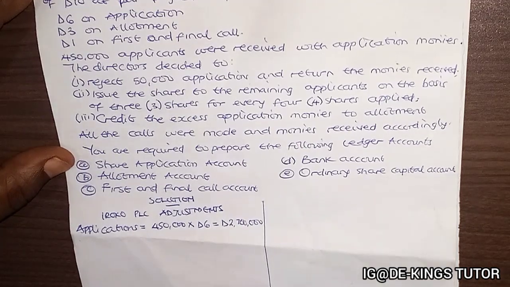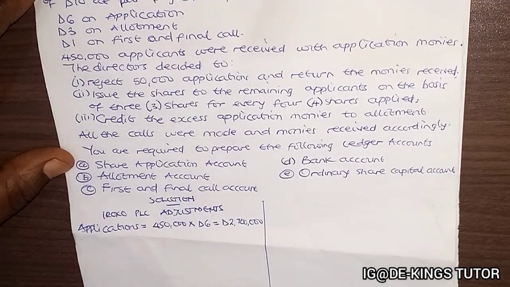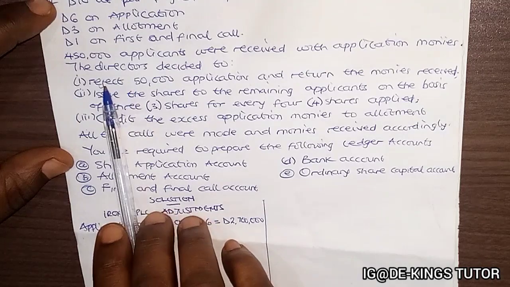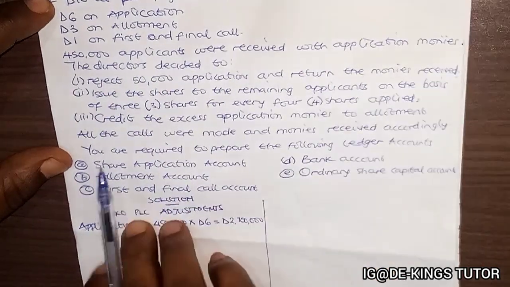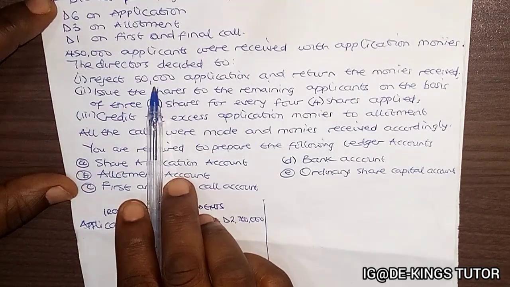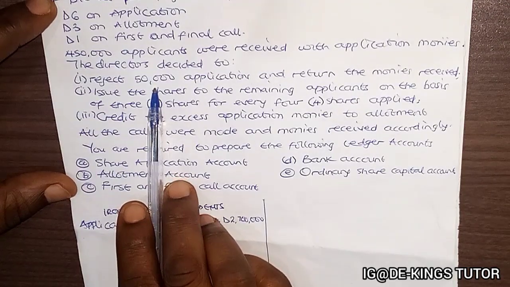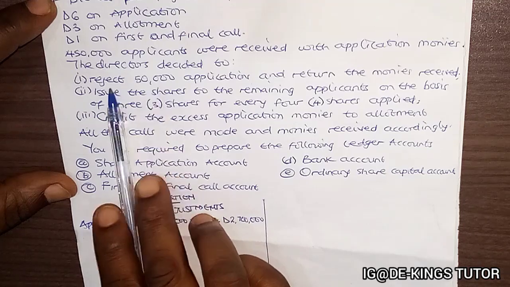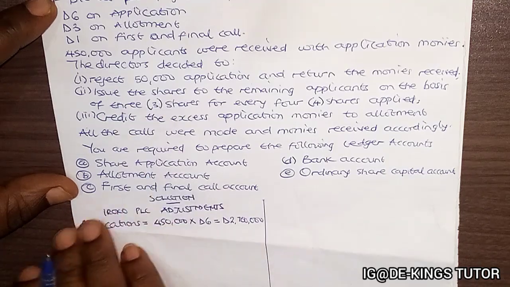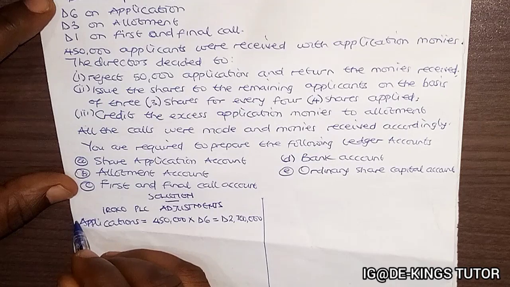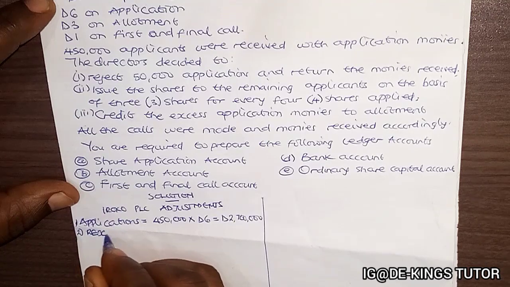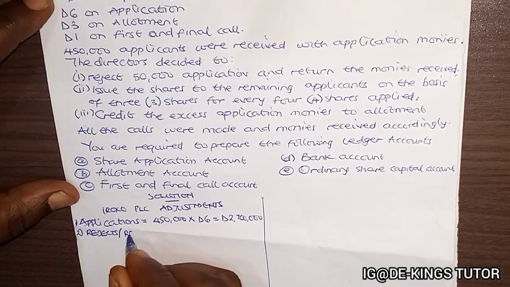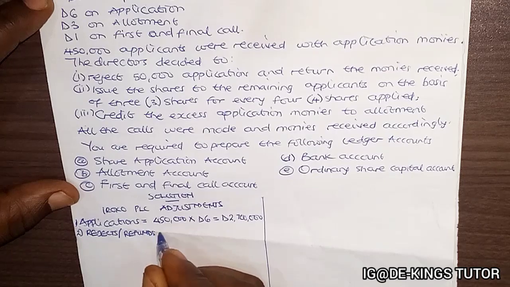So the next one, they said the directors decided to reject 50,000 applications and return the money received. So we're going to get the amount that was rejected and refunded, because we are going to post it.